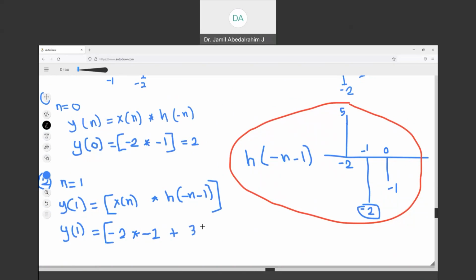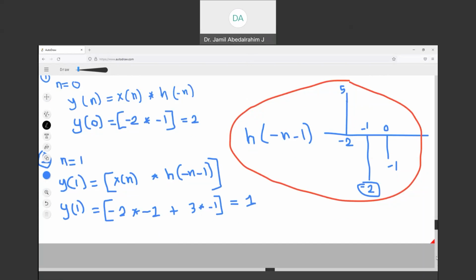So here 4 minus 3 becomes 1. So the result here is 1 when n equals 1.